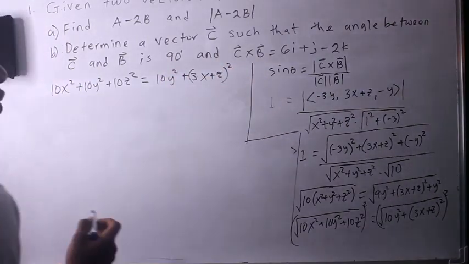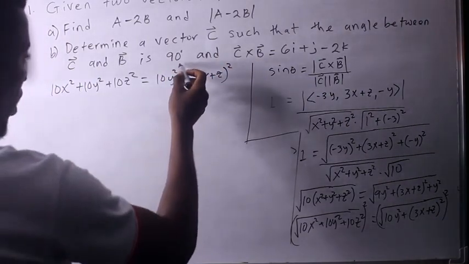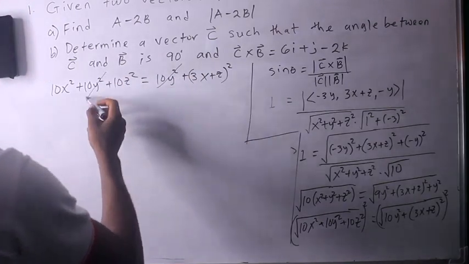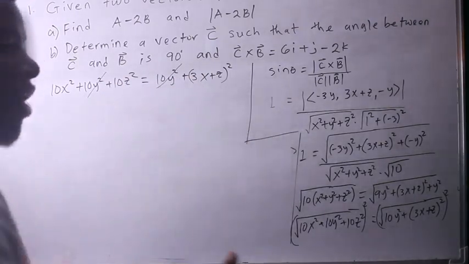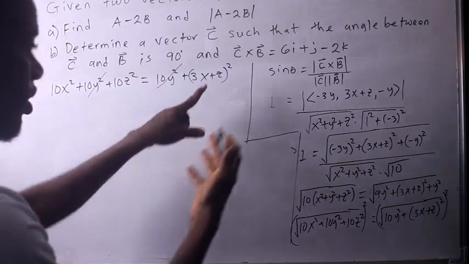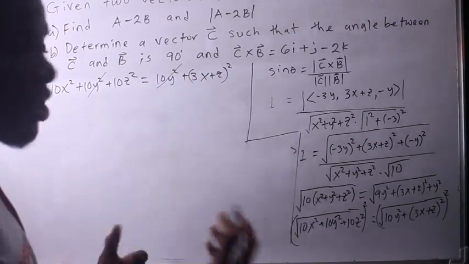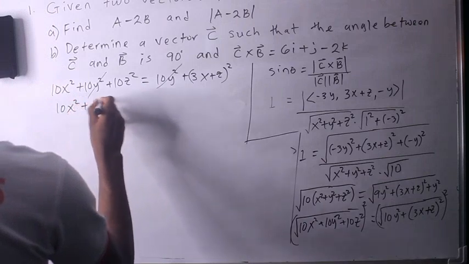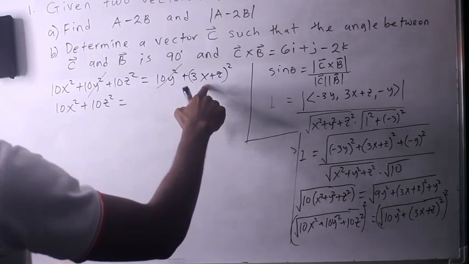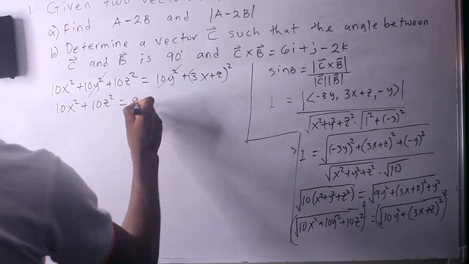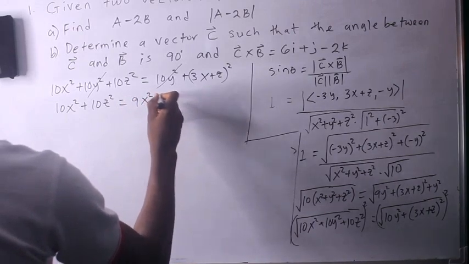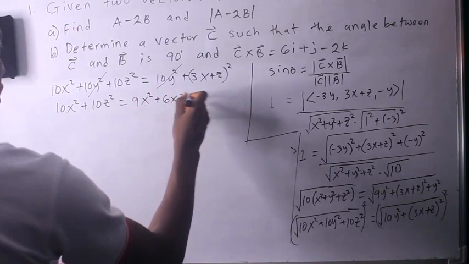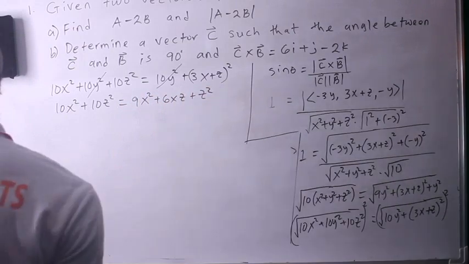Good. So what we observe here is that 10y squared and 10y squared will cancel out because they are on different sides of the equation and they have the same sign. So if we send this across, it becomes negative and it cancels out. So we have 10x squared plus 10z squared equals, if we simplify this, 9x squared plus 6xz plus z squared.